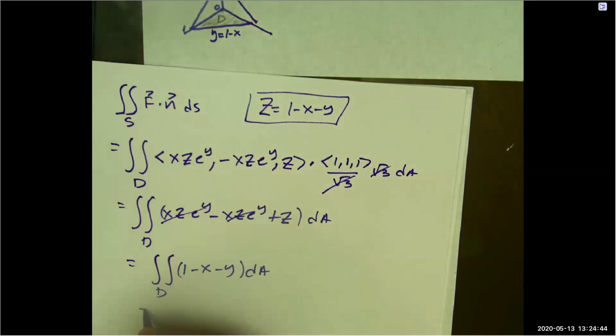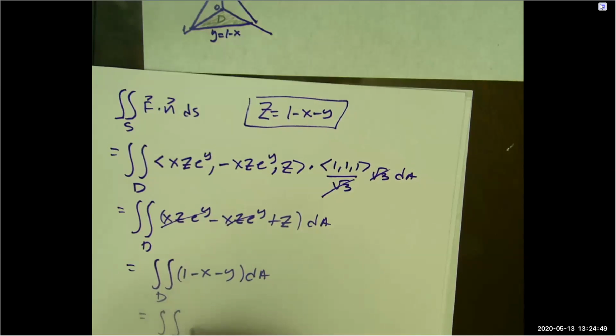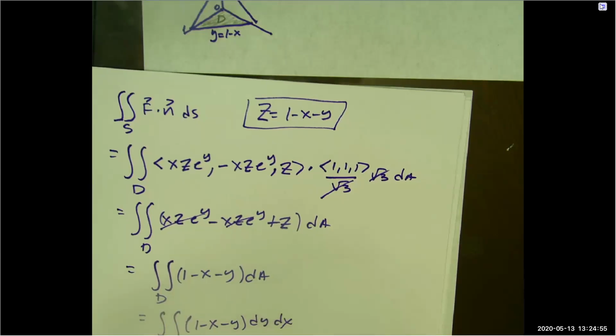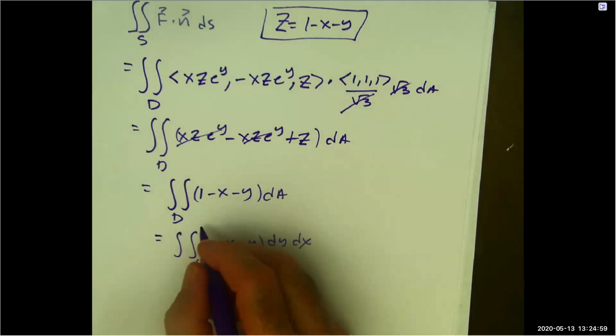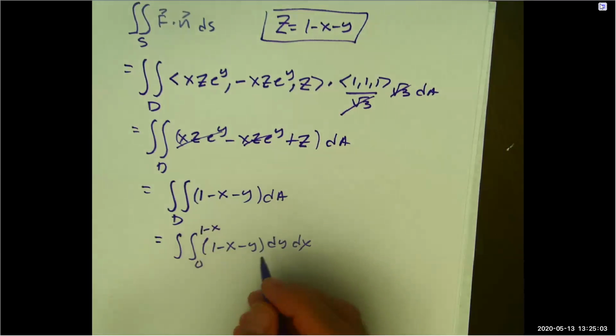And so we can integrate this. Since it's a type 1, that means I'm going to integrate dy and then dx. And so we're going to go from 0 to 1 minus x, and then the x goes from 0 to 1.